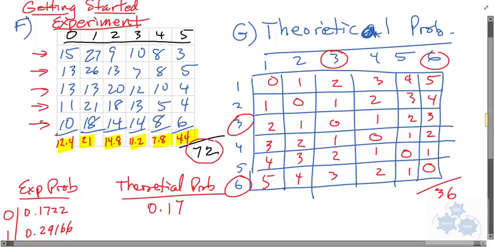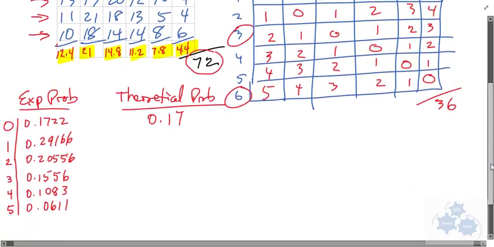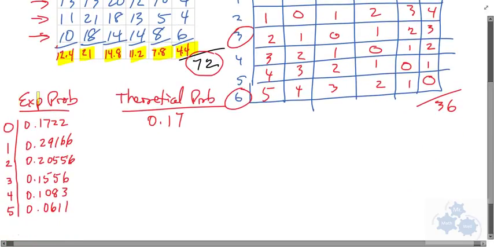So that's the experiment, and down here in this chart I asked you to write down the experimental probability. These were my calculations. You can double check with yours to make sure that those are correct. I basically took each of these numbers here and divided by 72 and wrote them as a decimal.